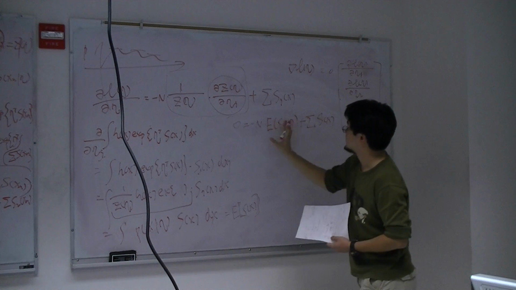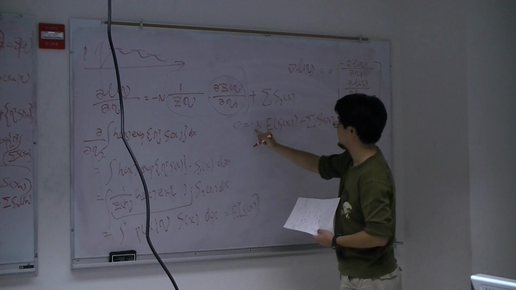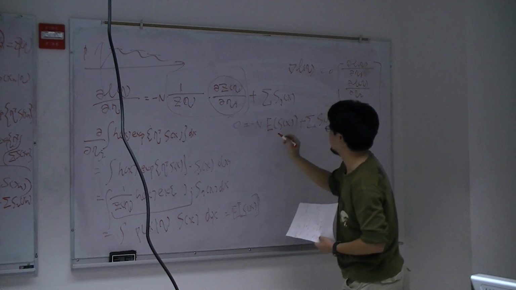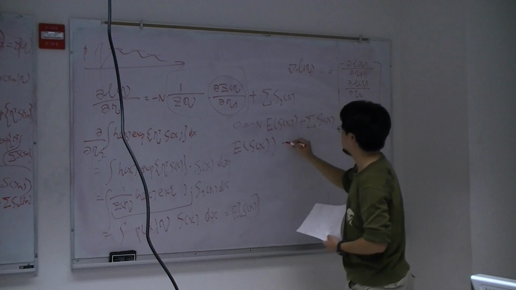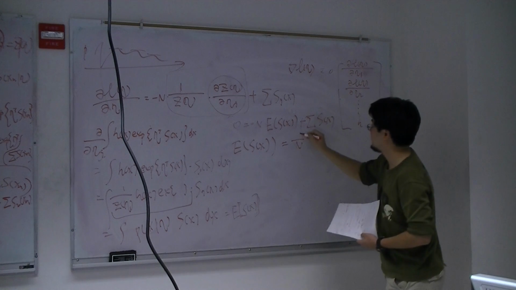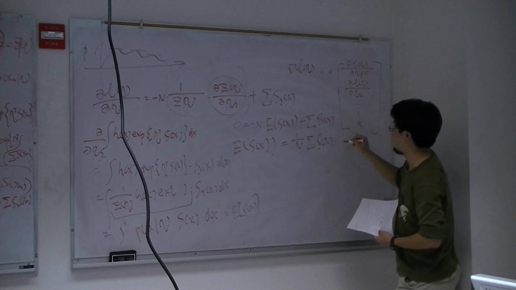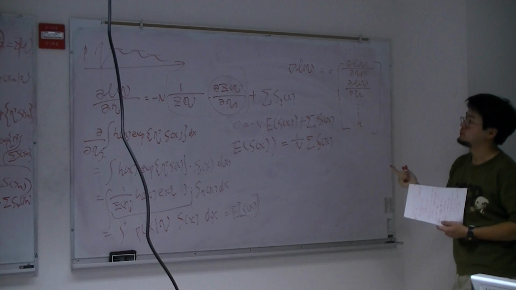If we move this term to the left side and then divide by n, then we have E[S(x)] equal to (1/n) sum S(x_n). We get this solution.